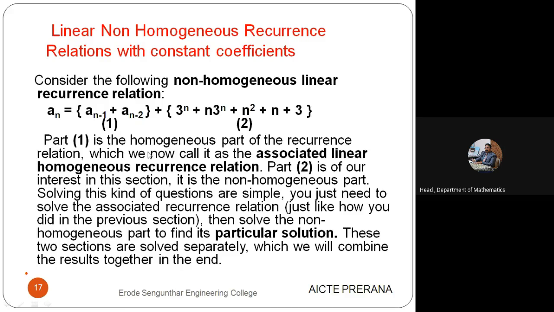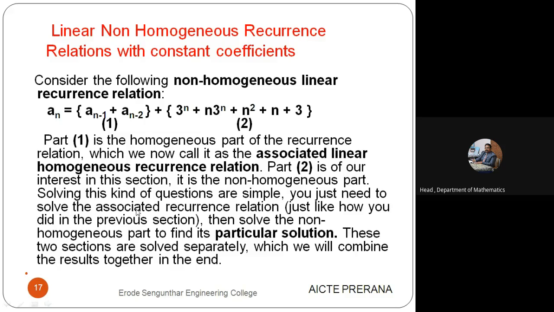Now we find as usual the solution of this associated homogeneous recurrence relation, denoted by a_n^(h). Then we find the solution for f(n), that is the particular solution. Here the second part is of our interest in this section. It is the non-homogeneous part. Solving this kind of question is simple.